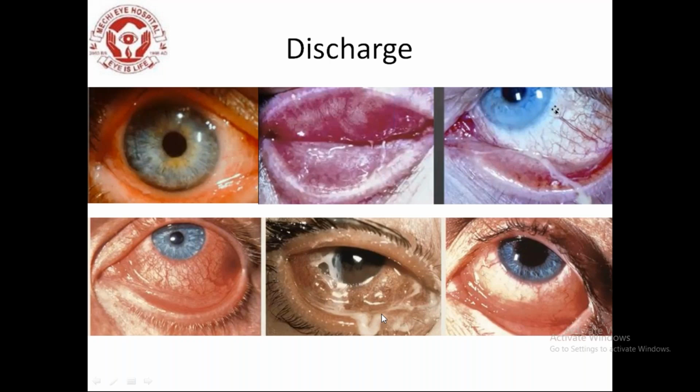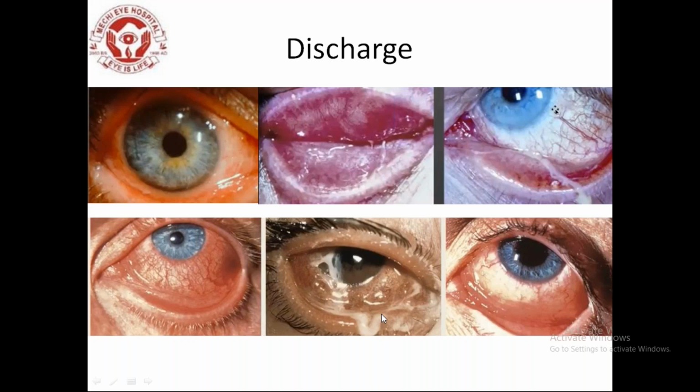So next after seeing discharge is the type of congestion. How is it congested? Is it sectoral, or diffuse congestion, or circumcorneal? These are sectoral congestions.